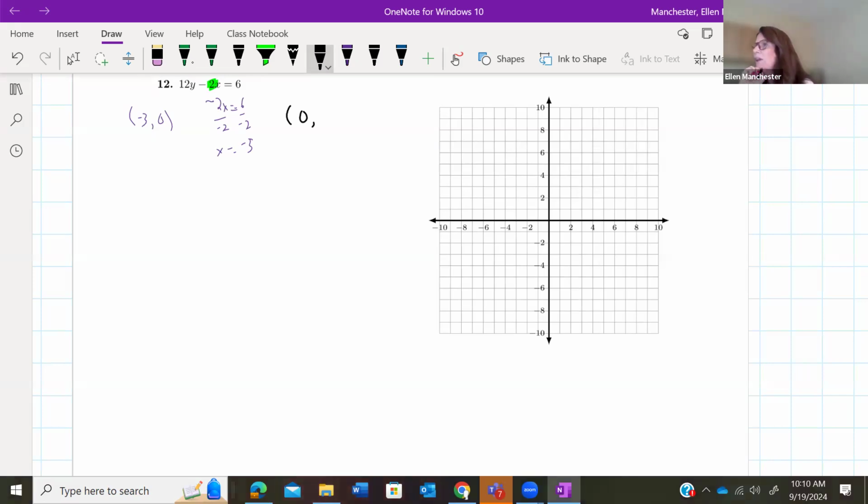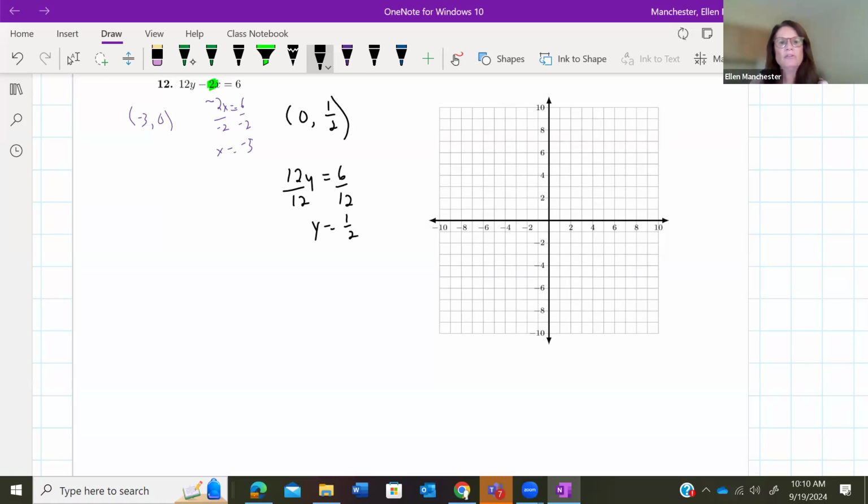Okay, are you confident with that? Trust the math. Honestly, trust the math. As soon as you set it up and do the algebra correctly, you divide both sides by 12 and you get 6/12 or 1/2. So never second guess yourself if you know you've done the math right.